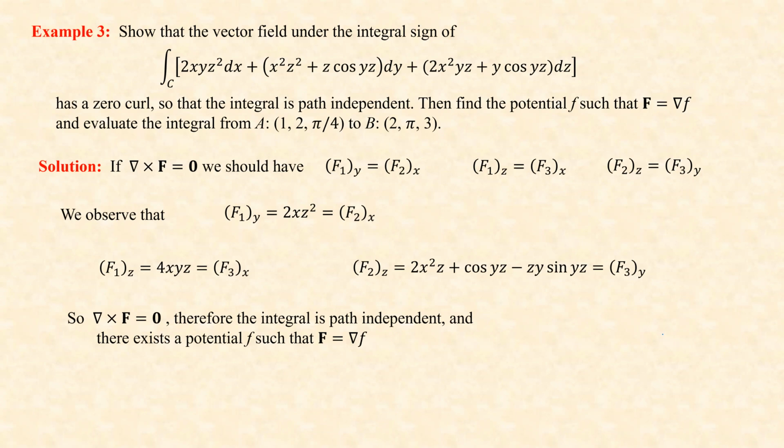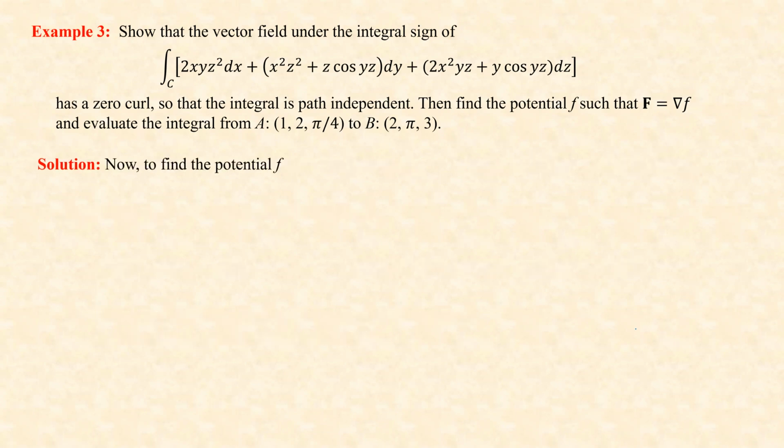So now we're going to find this f the same way. Find the potential f. So what do we do? We put the partial derivative of f with respect to x equal to f1, which is 2xyz squared. It's the same process. If you have any questions left, pay attention here.